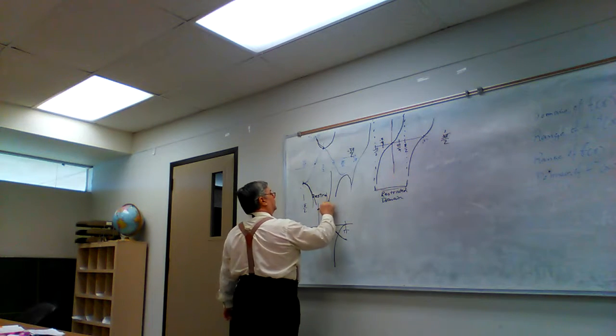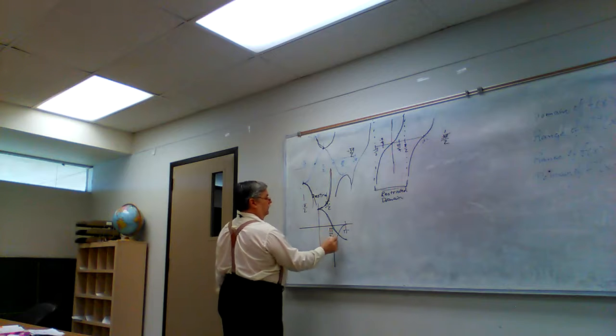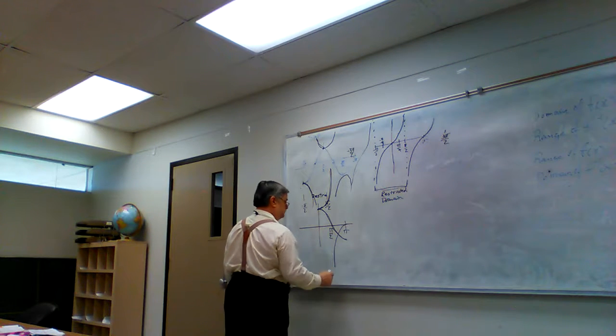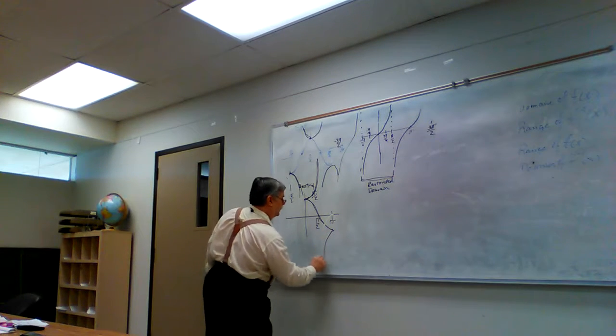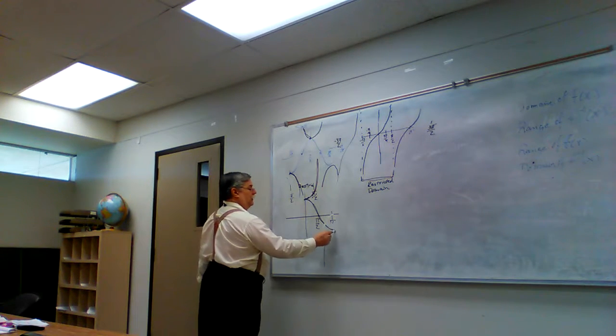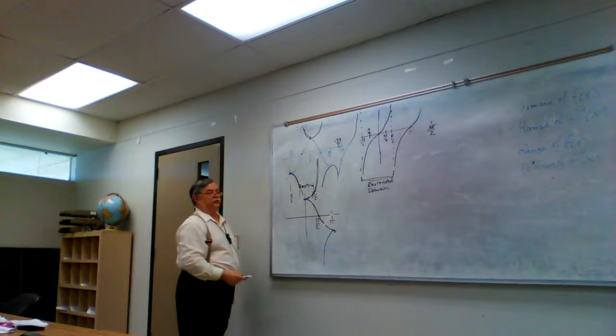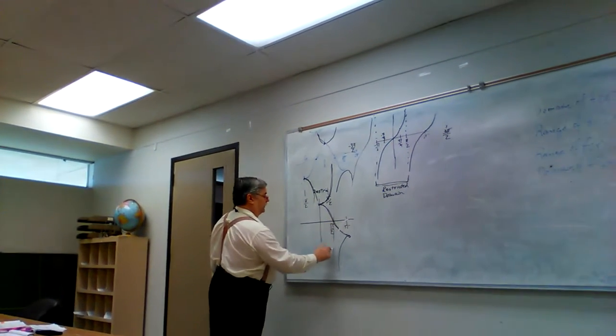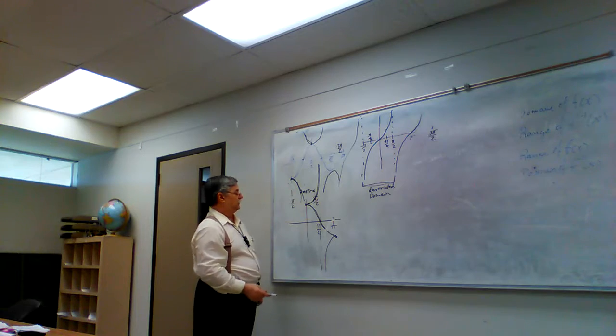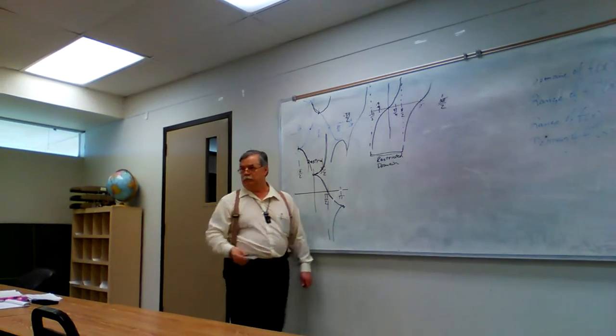Here's our secant function. It's the reciprocal of the cosine function, and I drew that in the wrong place. So it's going to be undefined at pi over 2.